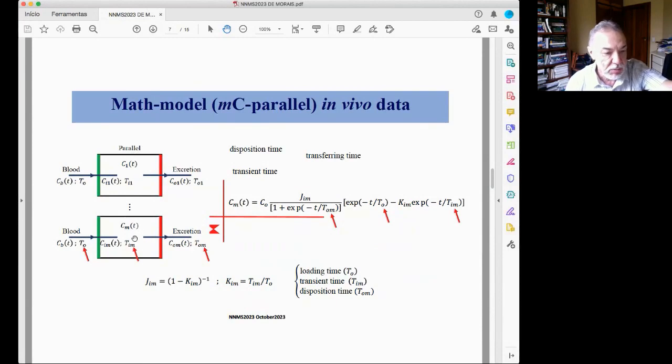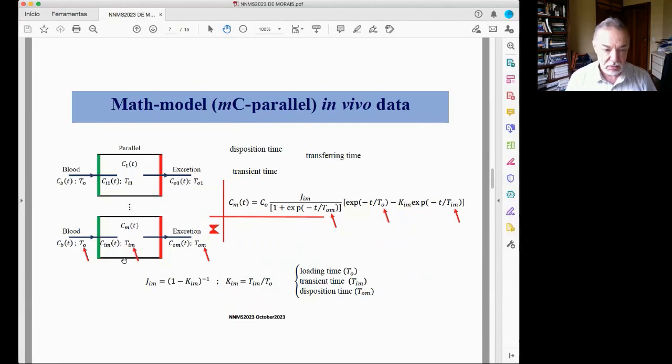This scheme shows what the parallel model means. It means the blood circulation transfers material to one compartment, to the second compartment, to the third compartment, and so on. So the transfer from the blood circulation to different biological compartments takes place in parallel.